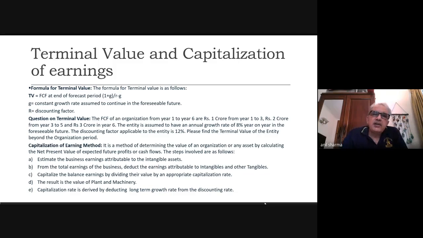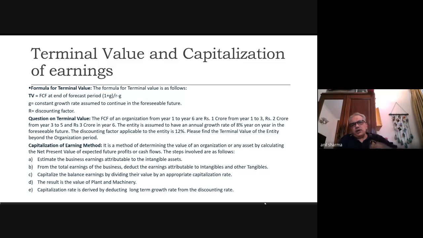So you take 100 to the numerator, so it's basically 3 crores into 1.08 into 100 upon 4, right? That is the terminal value of the cash flows. That is what you will be calculating as the terminal value.